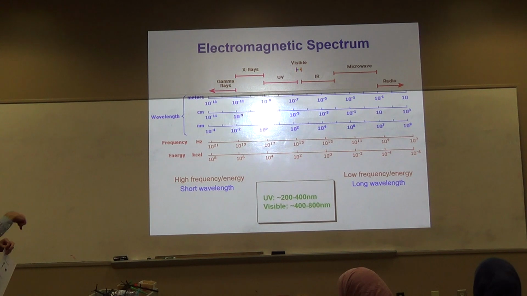UV-Vis we'll be talking about today. IR we use to study molecules, gives us information about what? Functional groups, largely what type of bonds are there. Microwave, we can pop our popcorn, but we can also study the rotation of molecules. You're not going to see that at the undergraduate level. Radio waves, we can listen to our favorite radio station.